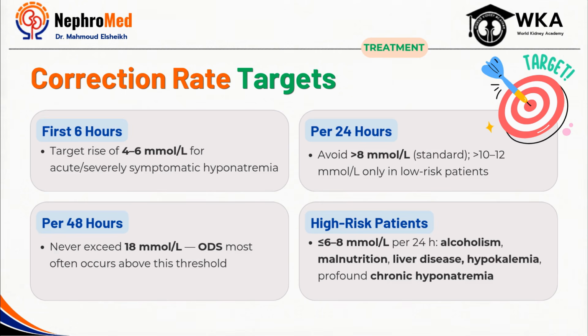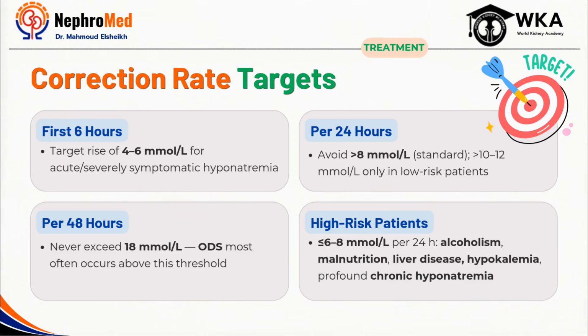Some older recommendations allowed 10 to 12 millimoles per liter in selected low-risk patients, but modern practice has become increasingly conservative because of concern about osmotic demyelination. And over 48 hours, total correction should generally never exceed 18 millimoles per liter, because the risk of ODS rises substantially beyond that threshold. Now, some patients are particularly high risk and require even stricter targets.